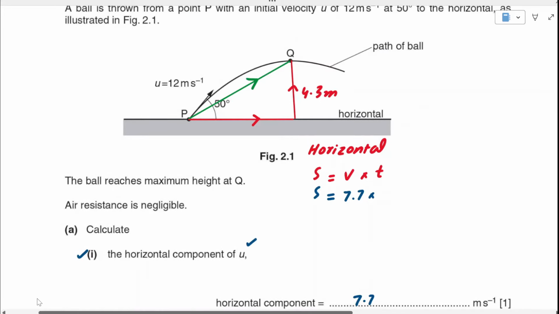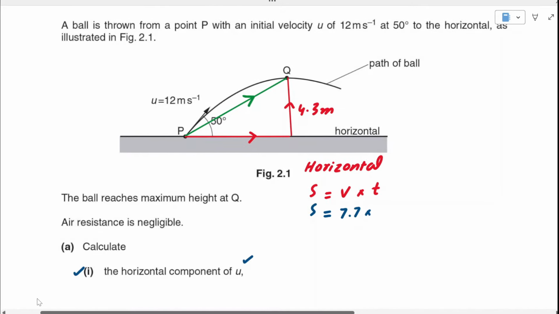But then, how long does the ball take to travel from P to Q? I don't know the value of t. But one thing that we know is time is the same for vertical as well as horizontal motion.